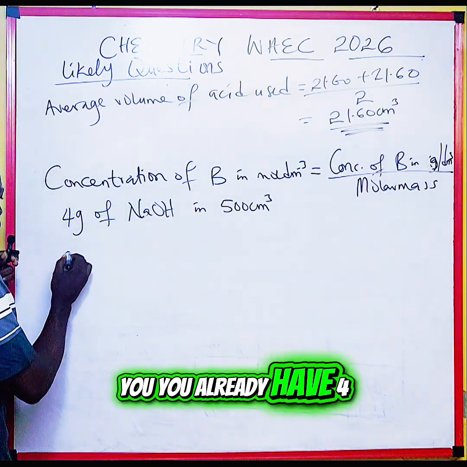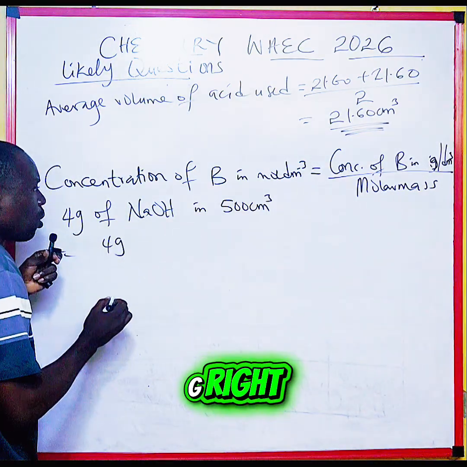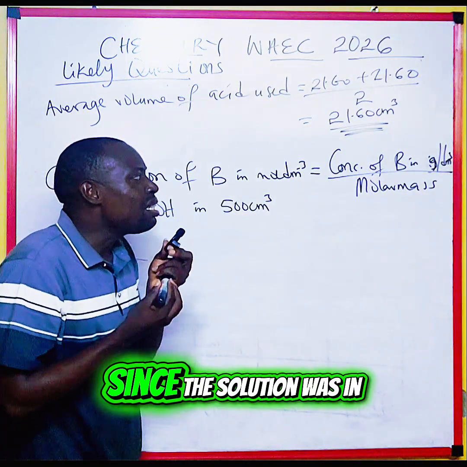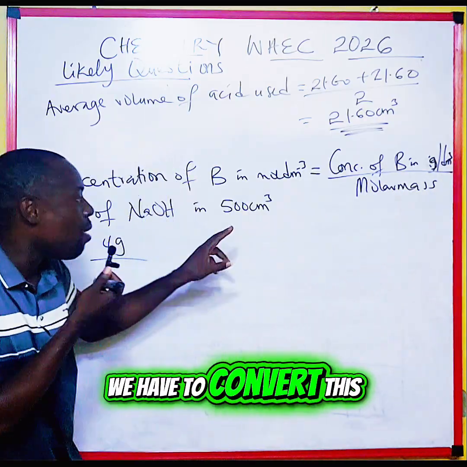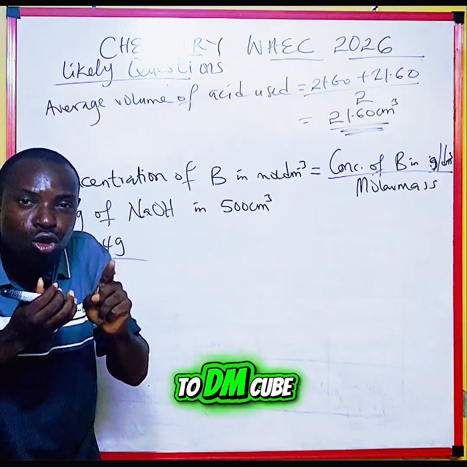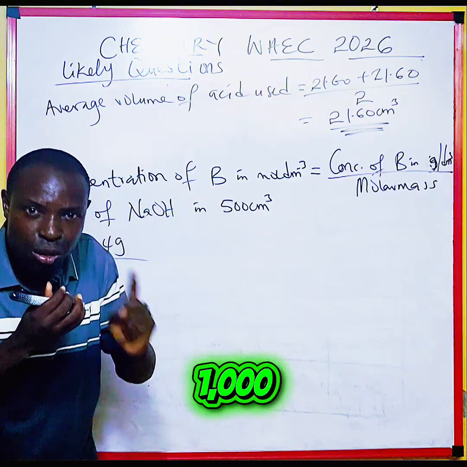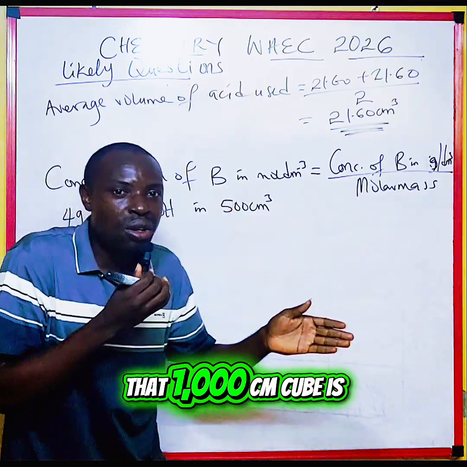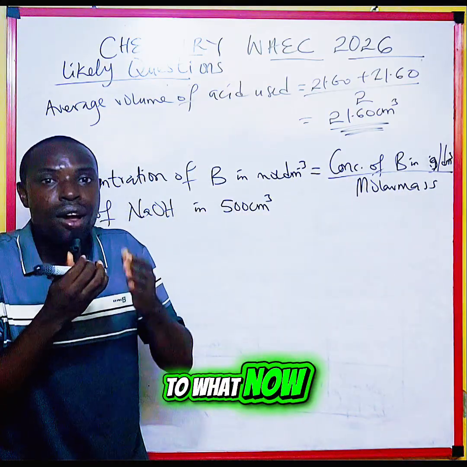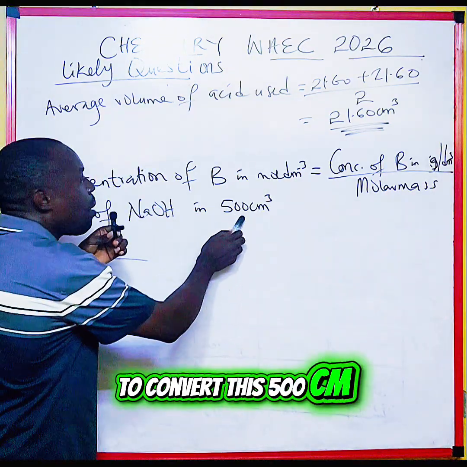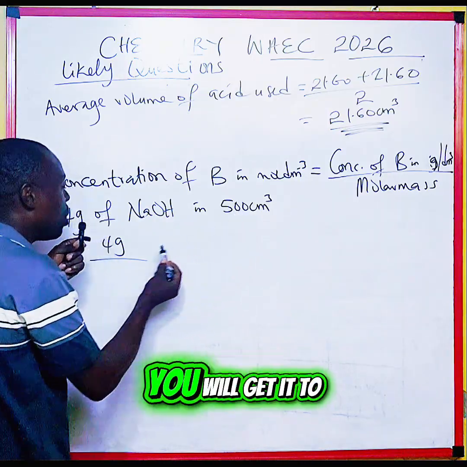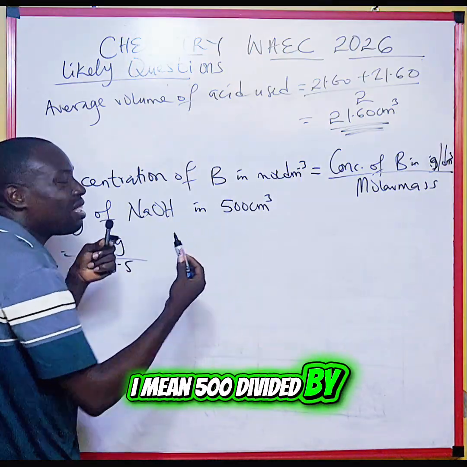You already have 4 grams of sodium hydroxide divided by 500 cm cube. Since the solution is in dm cube, we have to convert this 500 cm cube to dm cube, and to convert cm cube to dm cube, you divide by 1000. That's the conversion factor: 1000 cm cube is equal to 1 dm cube, or 1000 milliliter is equal to 1 liter. If you divide 500 by 1000, you get 0.5.